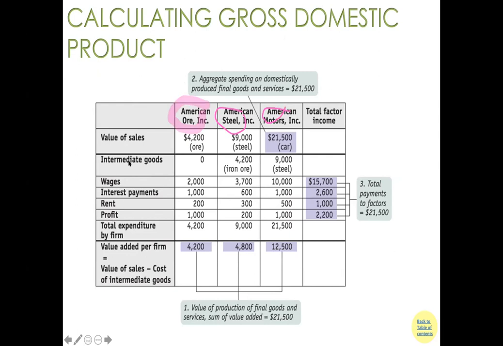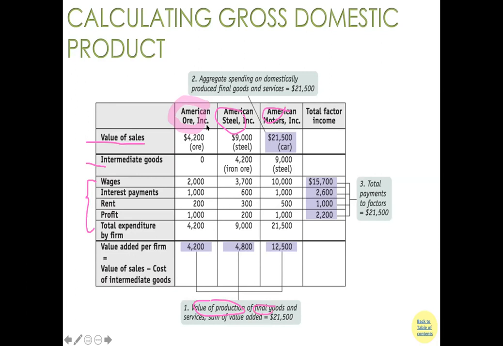And then for each business, we can look at value of the sales as their revenue. And then for each business, you can look at what intermediate goods they use. And finally, you can look at what is the cost of production? All right. And then we can look at three approaches. Approach number one. We can look at value of production, but this is production of final goods.